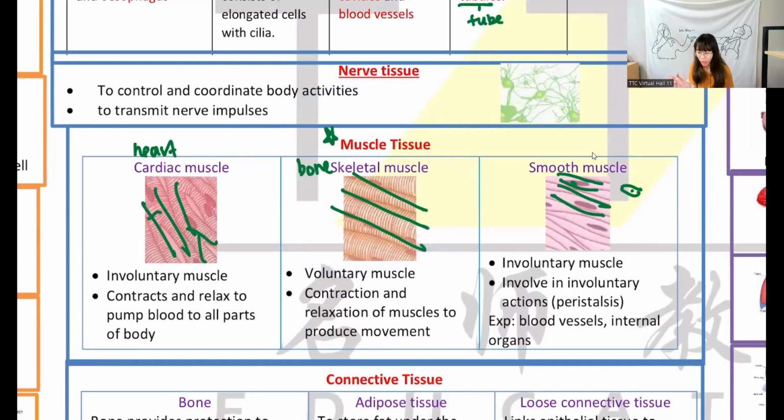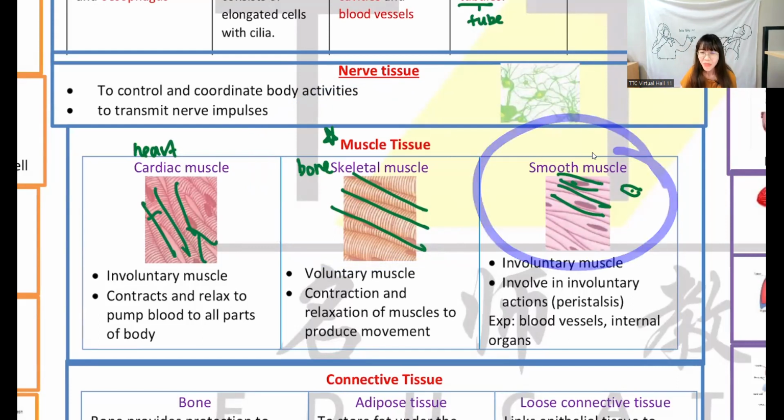Of course not. So skeletal muscle is voluntary muscle, something we can control. Next time, if someone slaps you and says this kind of nonsense, you can tell them yours is also involuntary. But I don't know what will happen next.